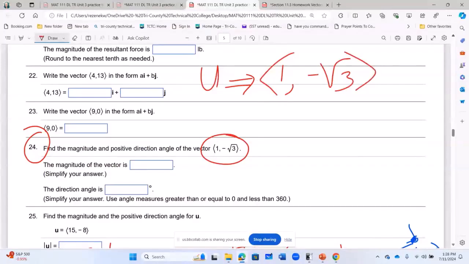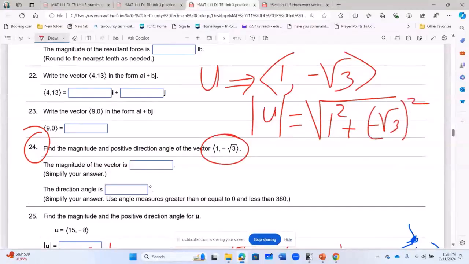All right. First of all, let me find the magnitude of the vector u. The magnitude is the square root of the x component squared plus the y component squared. If I'm squaring any negative number, the answer is positive.